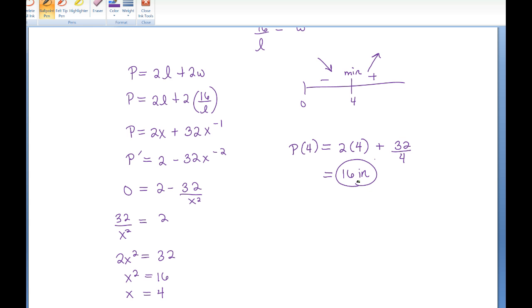And then it says, what are the dimensions? Well, it turns out that it's actually a square, because 4 by 4 will give us 16 square inches. So 4 inches by 4 inches.